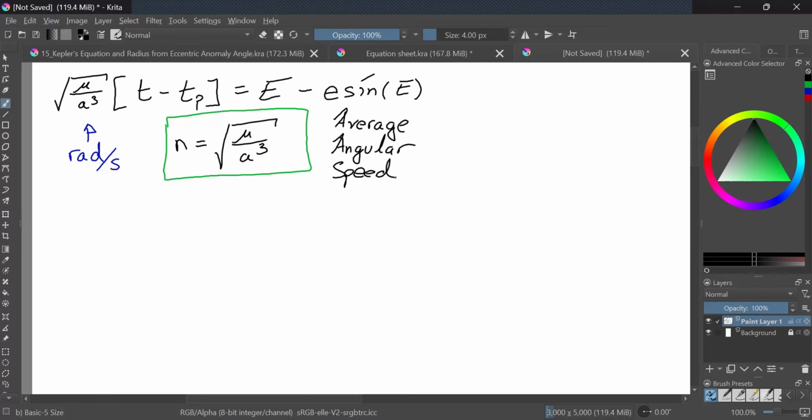You know me by now. I like doing proofs of things. So let's take a look at our periodicity here. 2 pi radians to complete a full cycle times a cubed over mu square rooted. Well, that is the same thing as 2 pi over n, where we had n being radians per second.